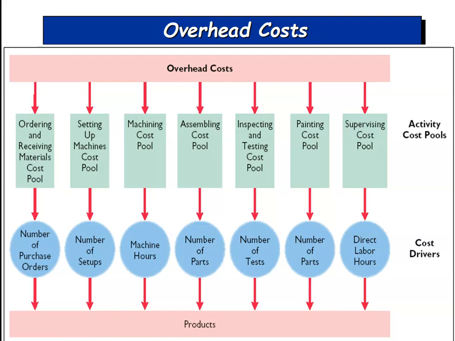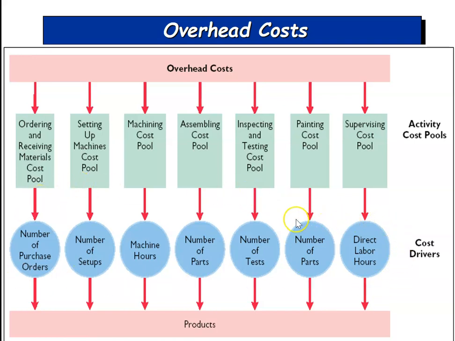And just as we did in the previous company, they identified the most appropriate cost driver. So even though we have the actual cost pool up here at the top, the dollar amounts that are in these cost pools are coming from the cost drivers.